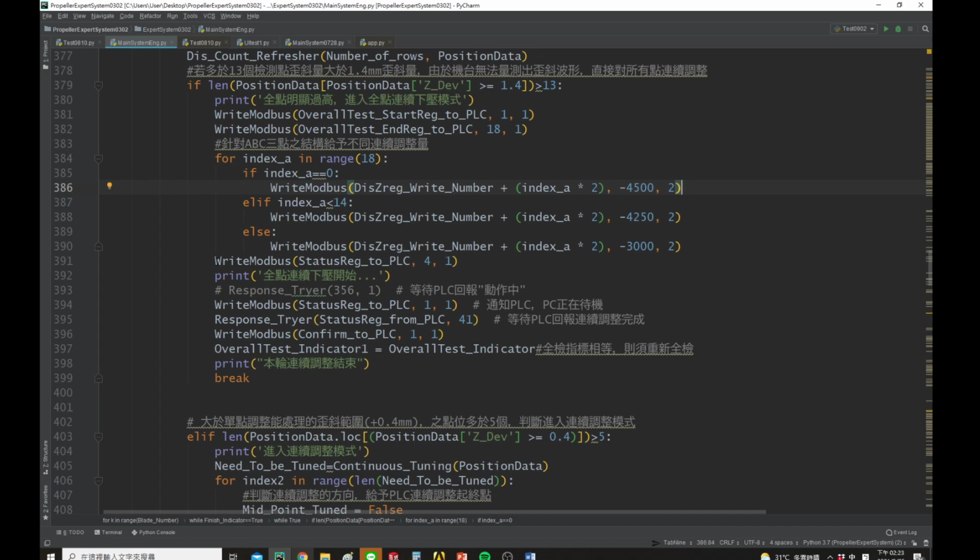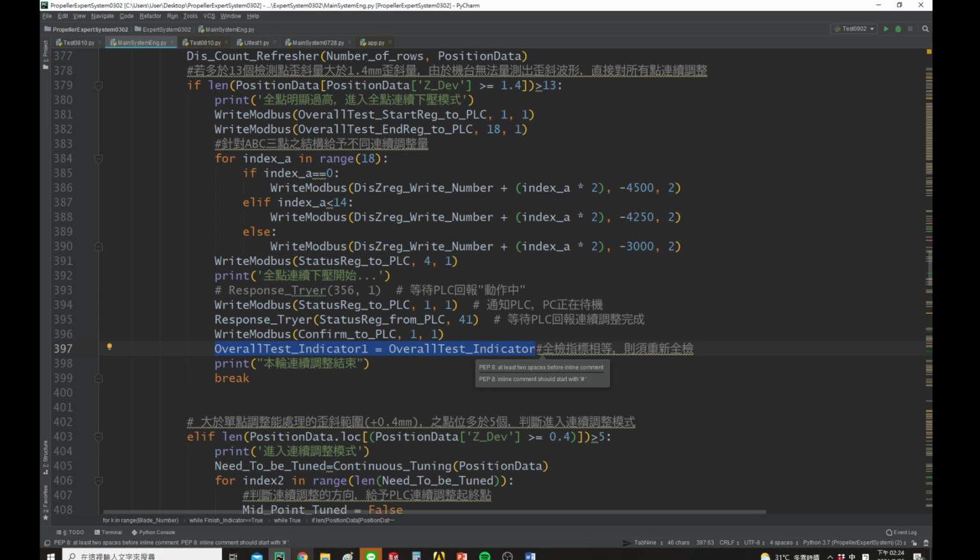Okay, so now this is the order to tell the machine to start the overall continuous tuning, and then we wait for its response, and then we set the overall test indicator 1 equal to the overall test indicator.